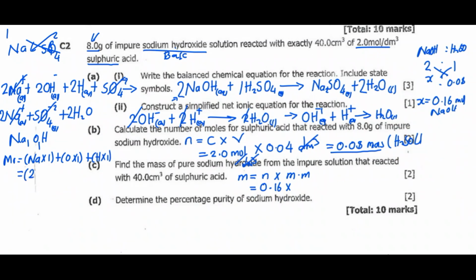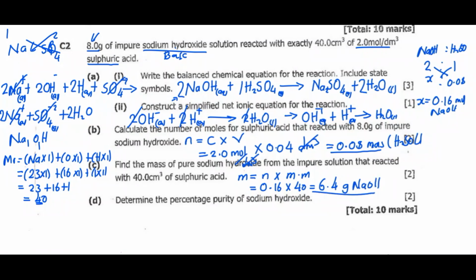Sodium has a mass number of 23 times 1. Here we have 16 times 1 plus 1 times 1. 23 times 1 is 23 plus 16 plus 1. This is giving us 40. So we put 40 here. So 0.16 times 40, I'm getting 6.4 grams of sodium hydroxide.